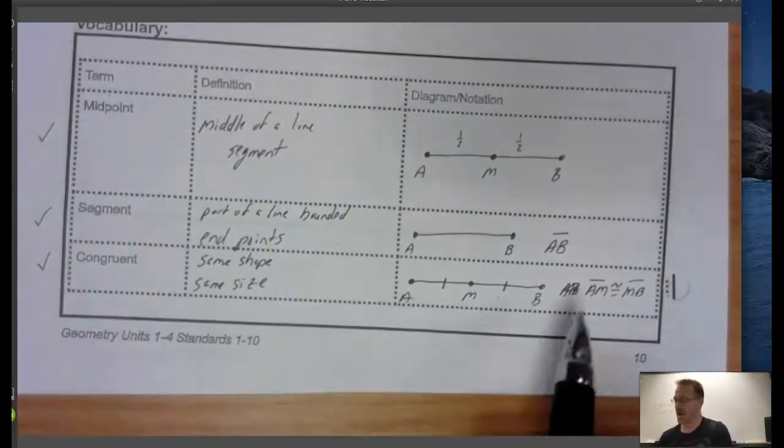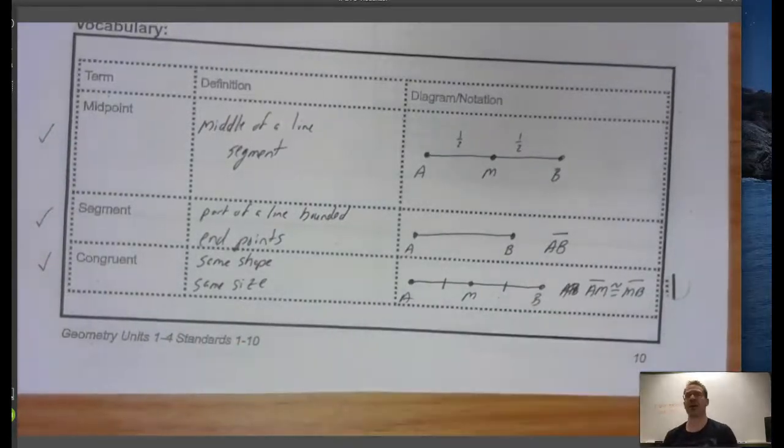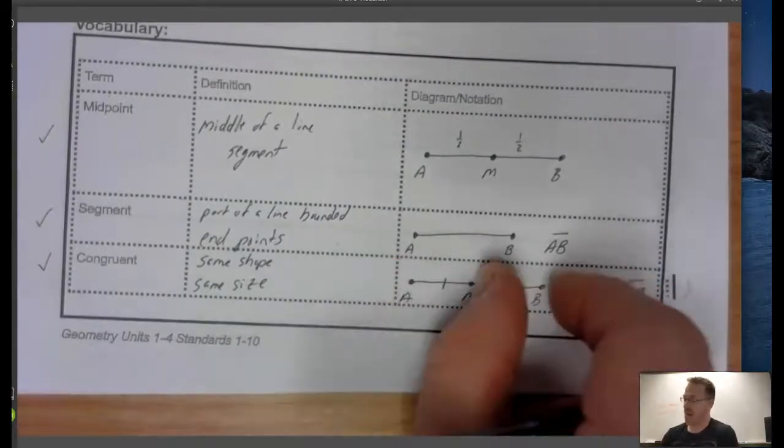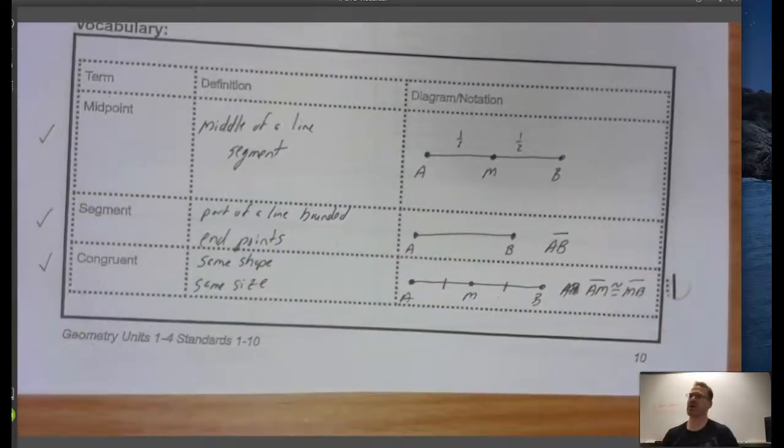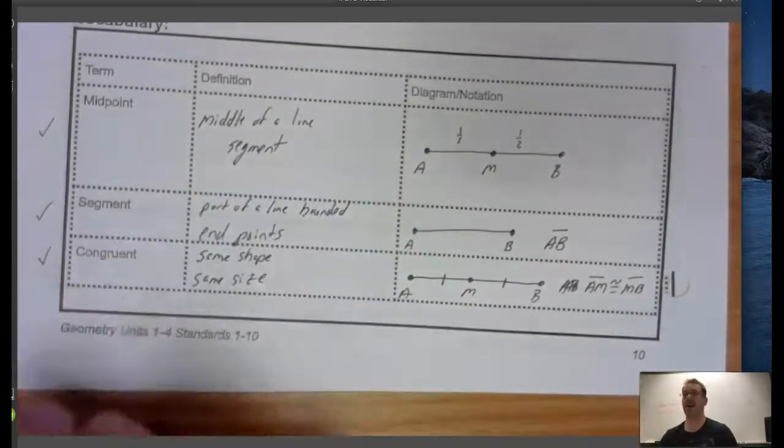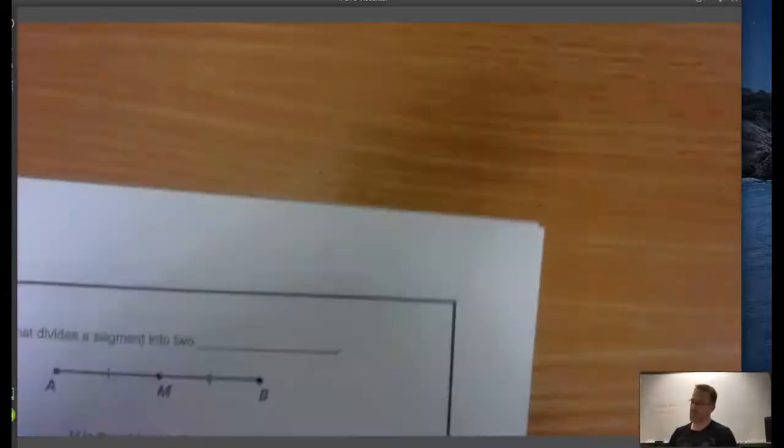That's our way of saying that if I take this piece, it would be the exact same as MB in all ways. So think about when you see congruency, we're talking about interchangeable parts. They are the exact same size and the exact same shape, which means that they are equal to one another in length.